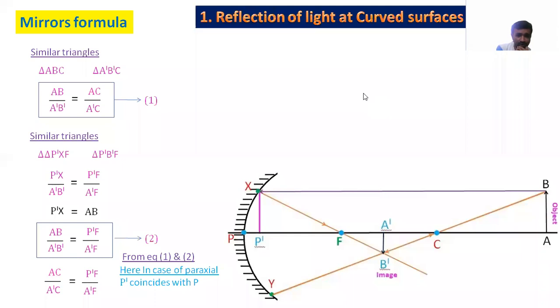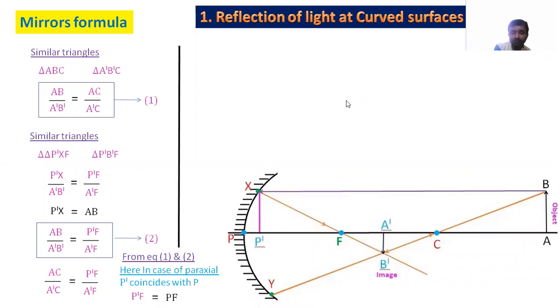Okay, we will continue. If P dash coincides with P, what can we write here? P dash F equals PF. So no P dash point here. Those distances become equal. So P dash F will be replaced now as PF.